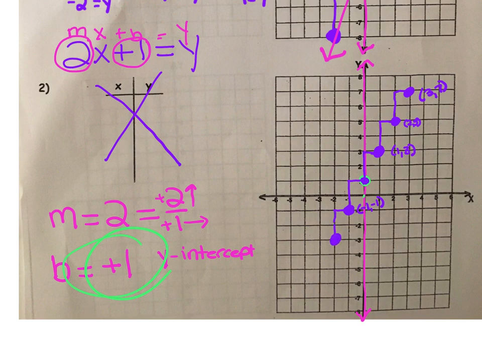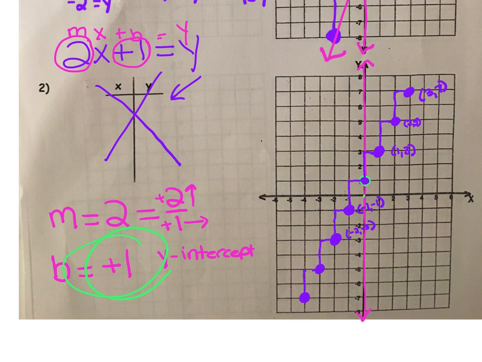Make a dot at (-2, -3), and continue down the coordinate plane until you run out of space. All these purple dots are solutions to this particular equation, and they would be found on this table if we created a table.